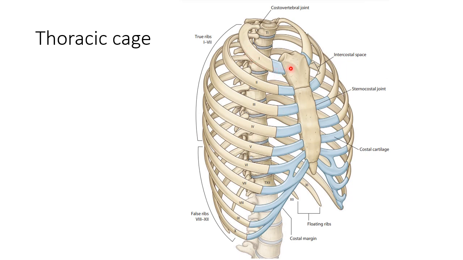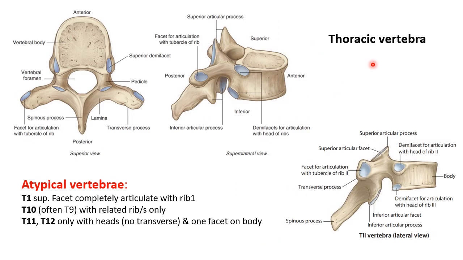The ribs connect to the sternum through cartilages, which are hyaline cartilage, called costal cartilages. And posteriorly you have 12 thoracic vertebrae with intervening intervertebral discs. These are basically the skeletal elements of the thoracic wall, which we call the thoracic cage. The first skeletal element of the thoracic cage is the thoracic vertebra.